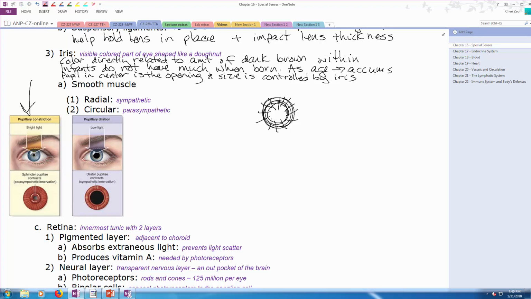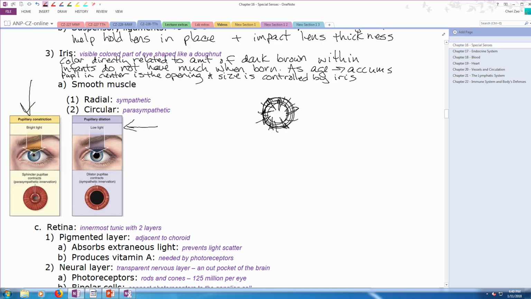And then when it's dark and we want to get more light in to see what's going on around us, we want that pupil to open up or dilate. So you relax the circular muscles, correct? And therefore contract the radial muscles, because the radial muscles will pull things off to the perimeter. And that's indeed what we find in low light situations, that dilation.